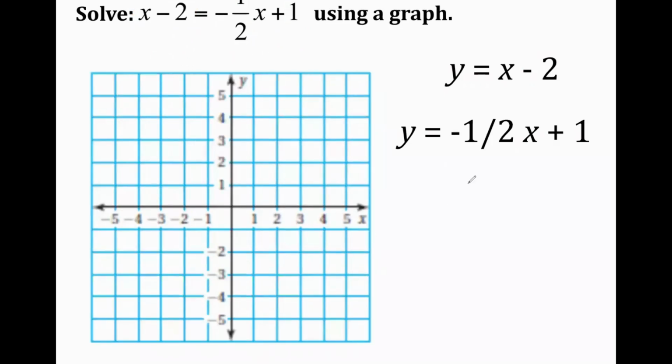These are set into our slope-intercept form. We have our slope, and we also have our y-intercept, so I'll use that method to graph. For y equals x minus 2, our y-intercept is -2, so graph that on your y-axis, and your slope is just +1. And whenever you just see x, always visualize a coefficient of 1 in front of it.